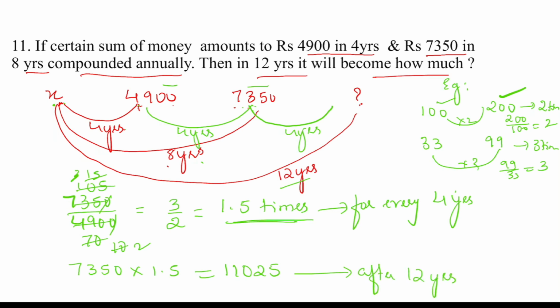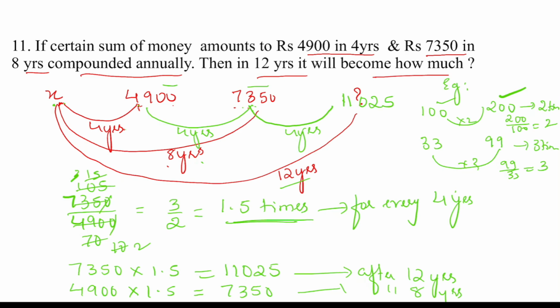So at the end of 12 years, the sum will become 11,025. If you want, you can check also. Now see here, 4,900 into 1.5 is equal to 7,350. This is after 8 years.